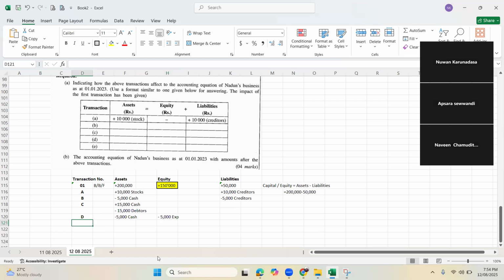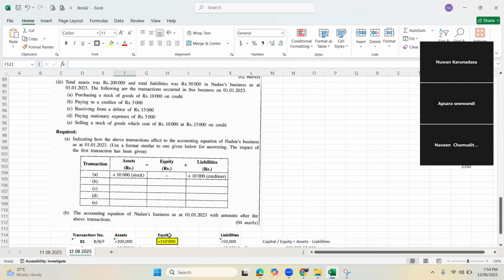Think of E. We will practice more questions. Selling stock of goods with cost 10,000 at 15,000 on credit.